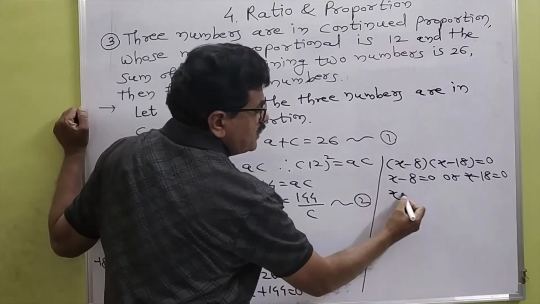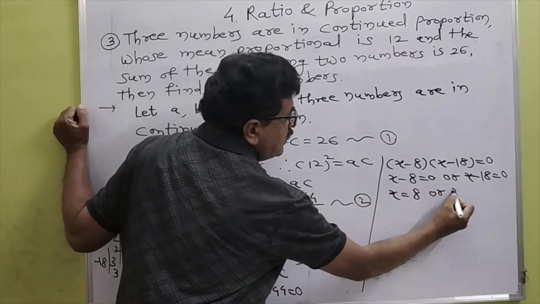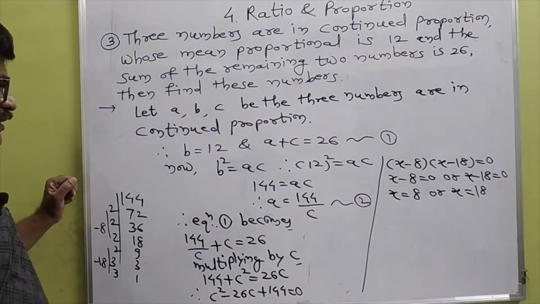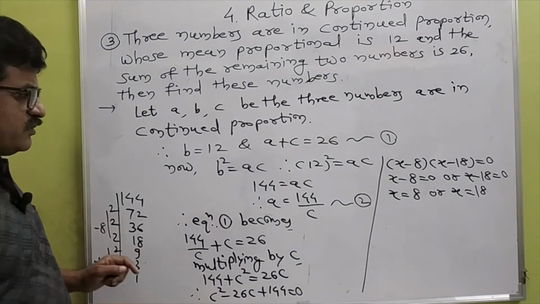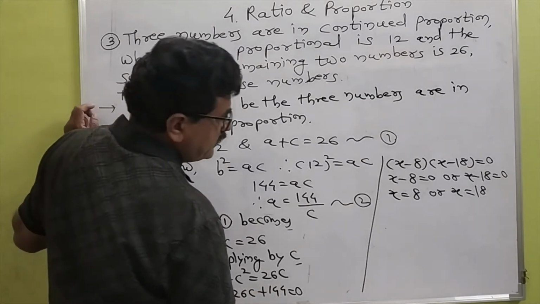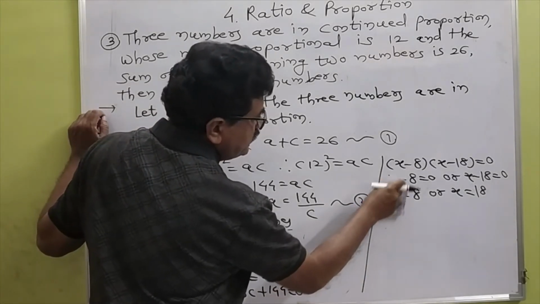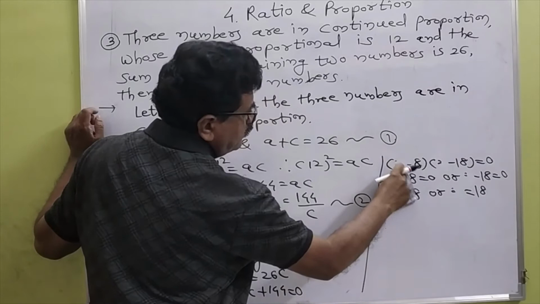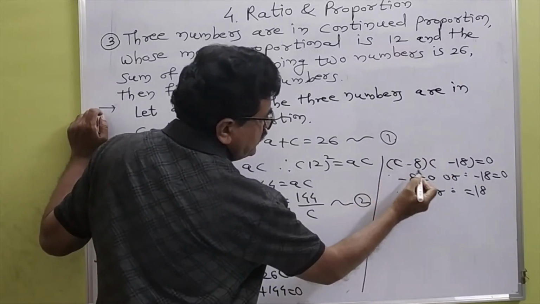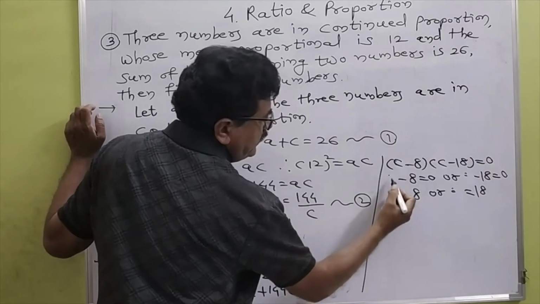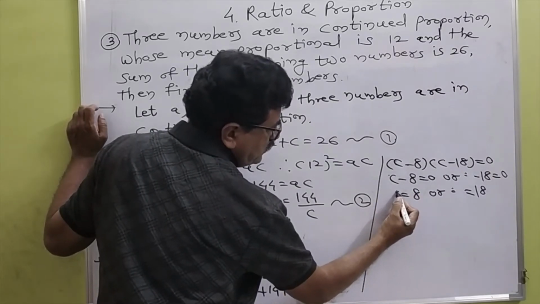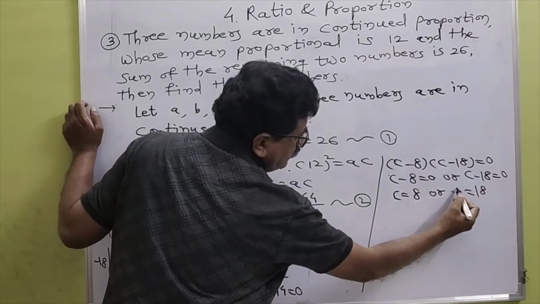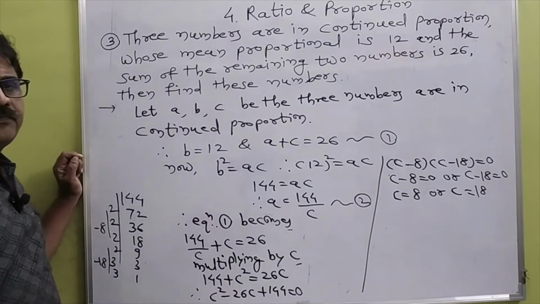Therefore x is 8 or x is 18. Here it is of the form c, so c minus 8 equal to 0, therefore c is equal to 8. C minus 18 equal to 0, therefore c is equal to 18.